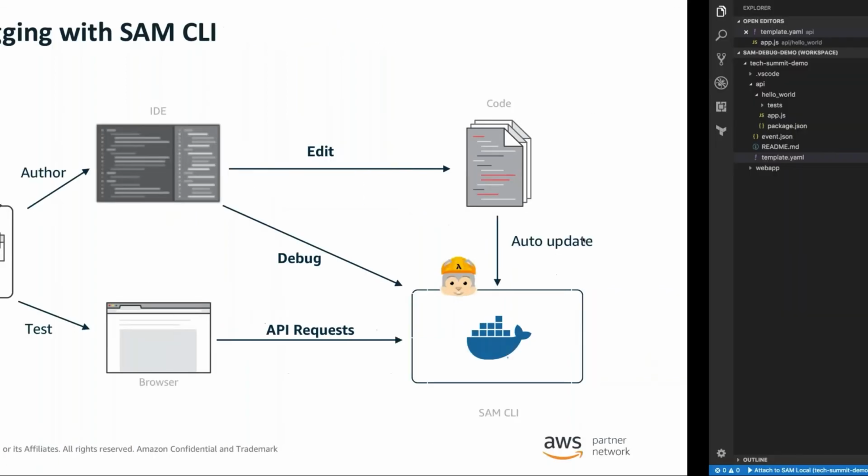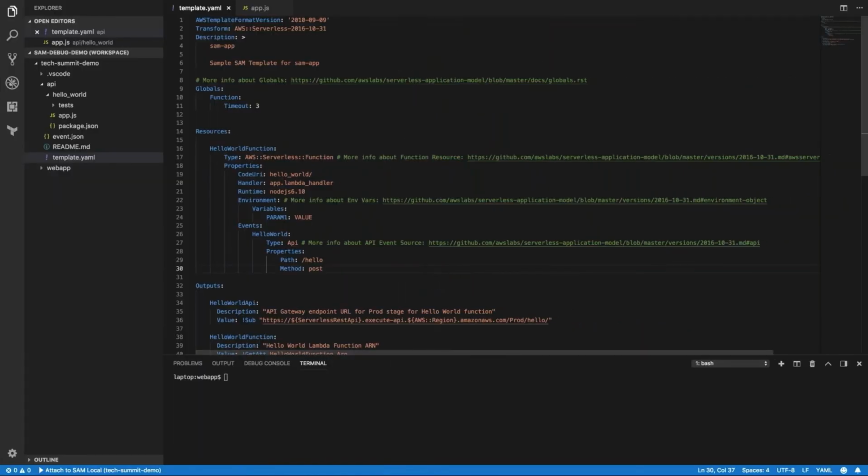So I'm going to switch over right now to my IDE here, which is a VS Code instance where I've already got a serverless application built. This is just a really simple dummy API with a simple web application front end written with React.